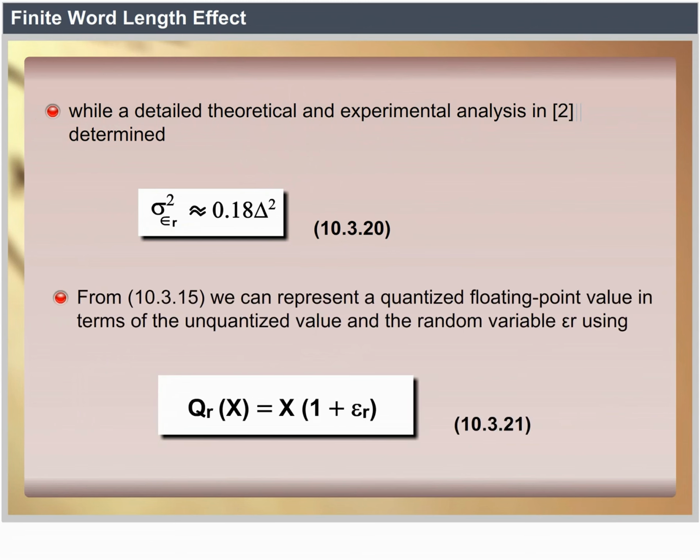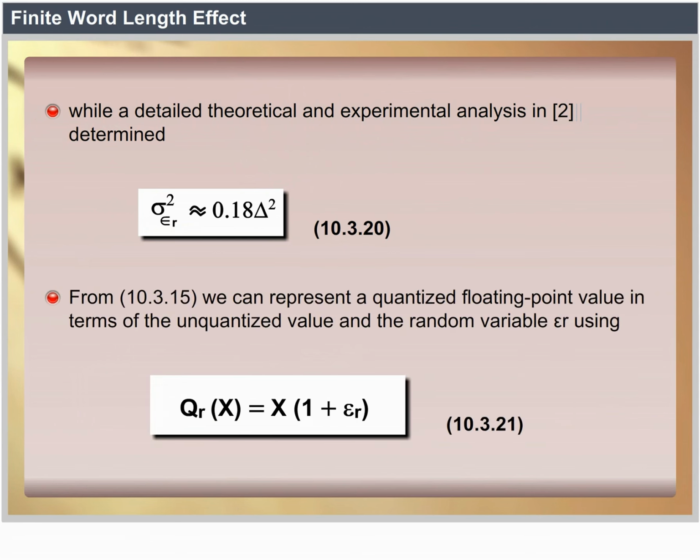From 10.3.15, we can represent a quantized floating point value in terms of the unquantized value and the random variable epsilon_r using Q_r(x) = x(1 + epsilon_r), called equation 10.3.21.